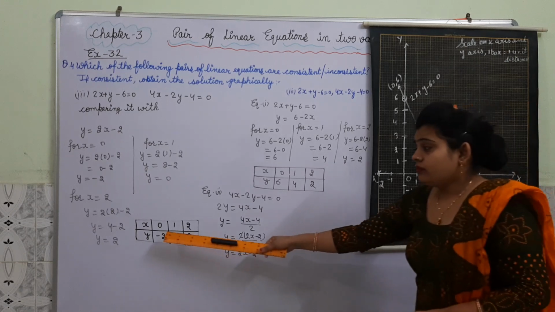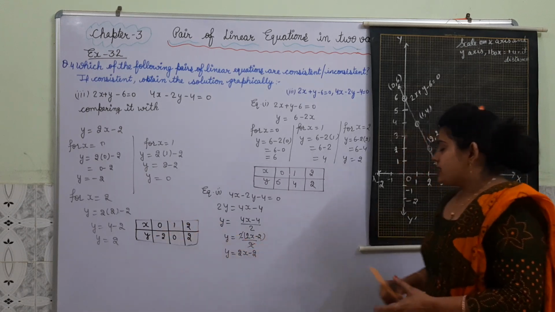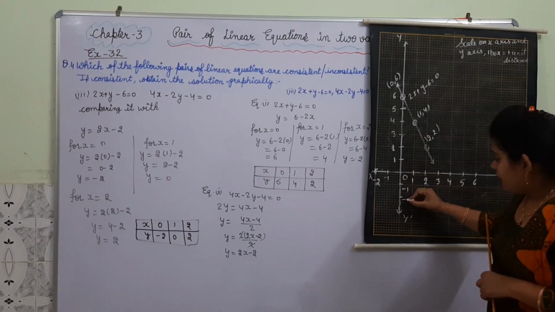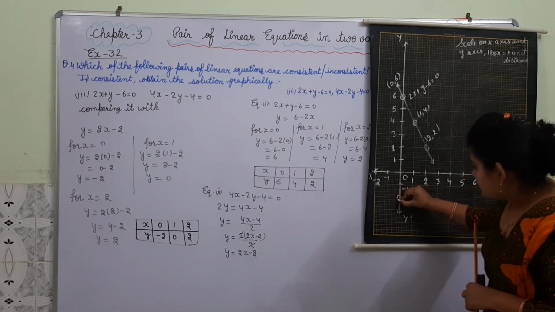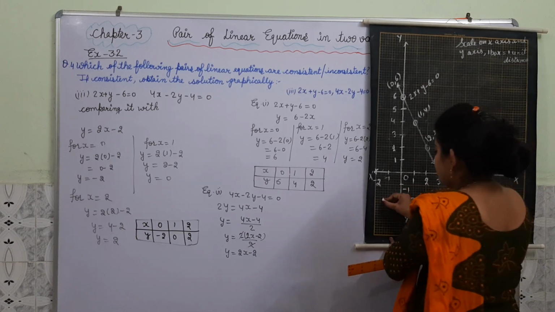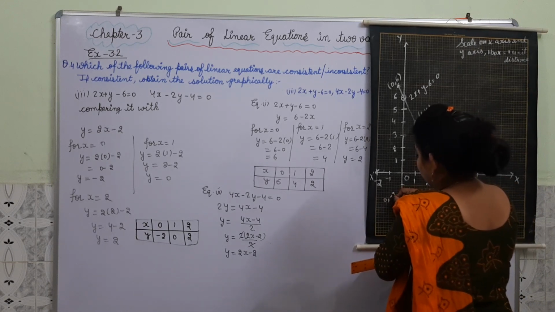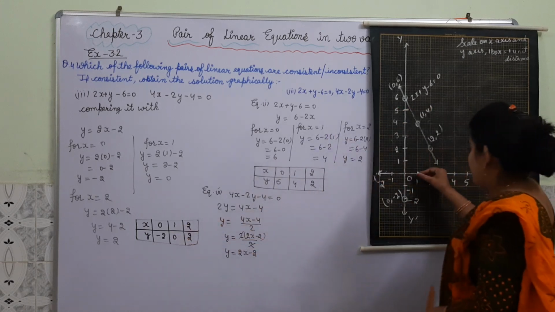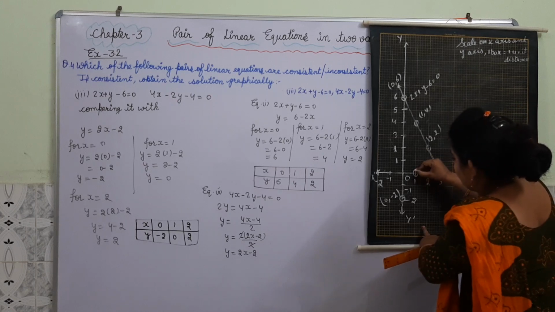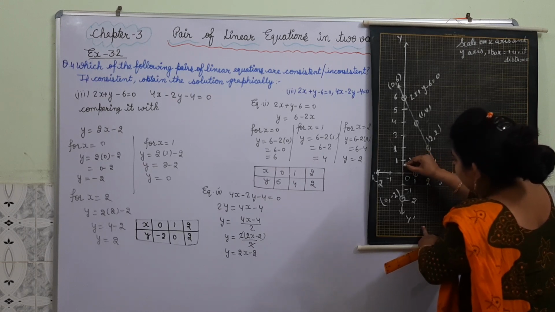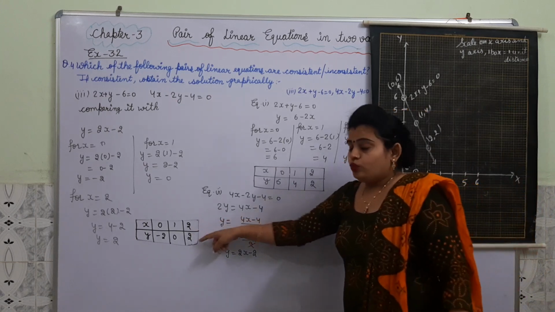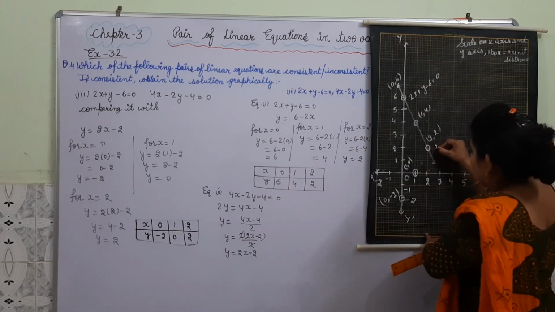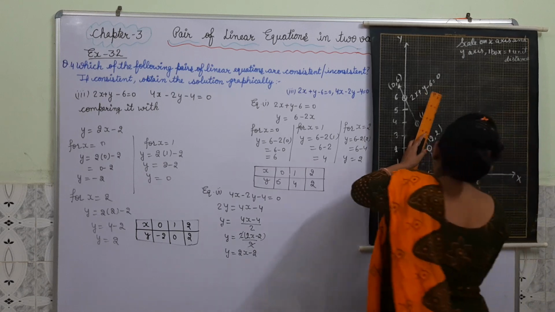Now for the second equation, x is 0, y is minus 2. So y minus 2 will be here, and we will write 0, minus 2. Now next point, 1, 0. X is 1, y is 0. We will write 1, 0. x is 2, y is 2. 2, 2, we are getting the same solution, same point.